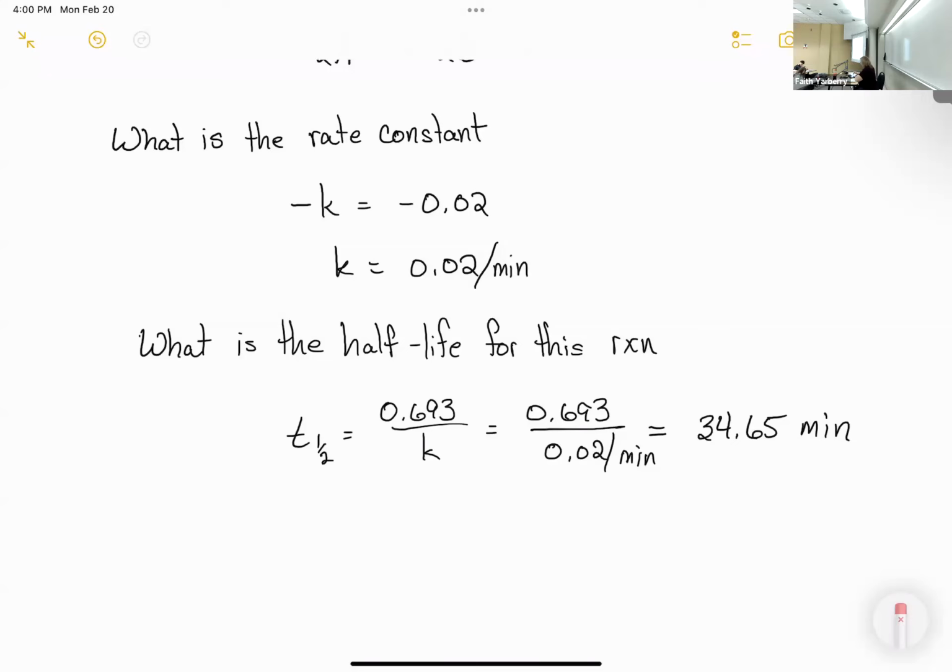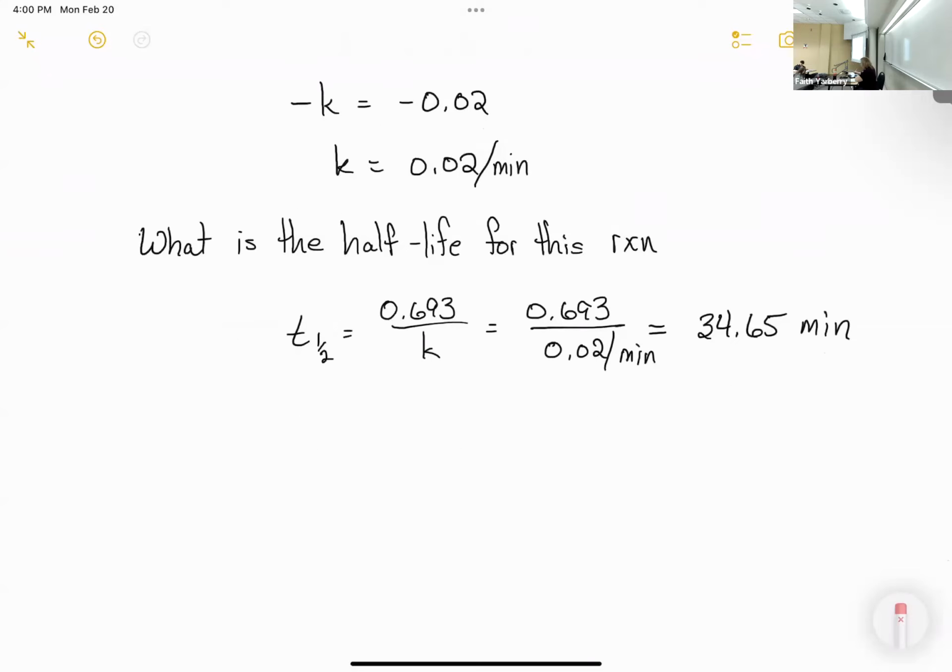So what if I say calculate the concentration of A naught?